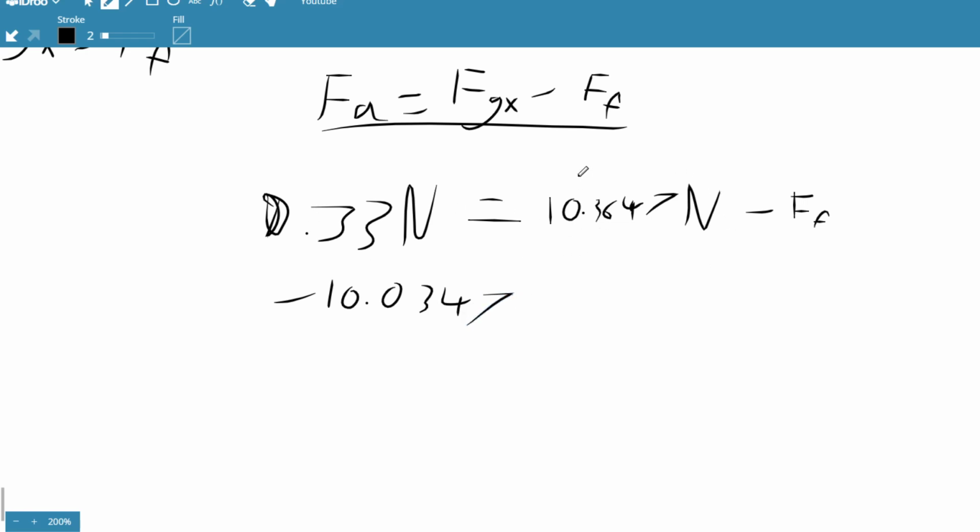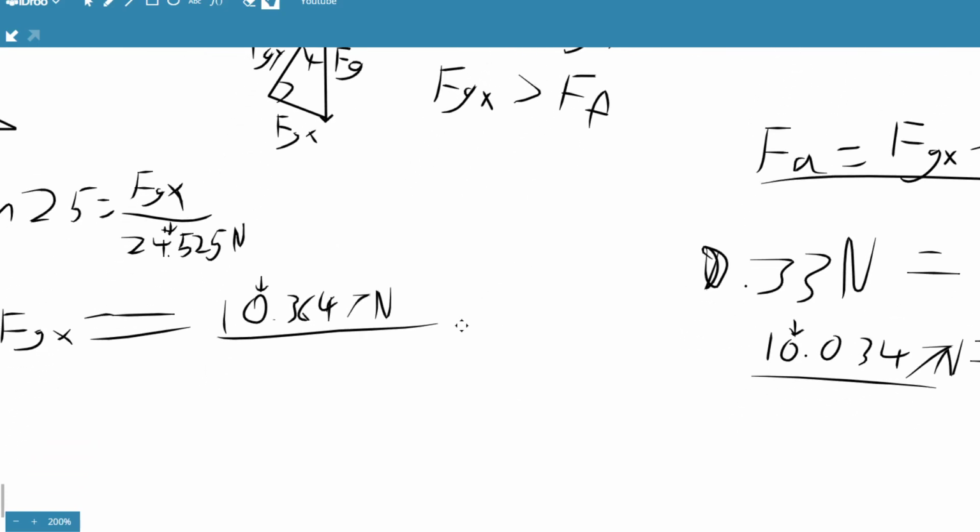Then subtracting rule for sig figs, we take the least precise one, which is the unit, so it'll be still 2 sig figs. Then equals negative FF. So both are negative, so we can just multiply both sides. I'll just erase the negative sign, and then this is what FF equals in newtons.